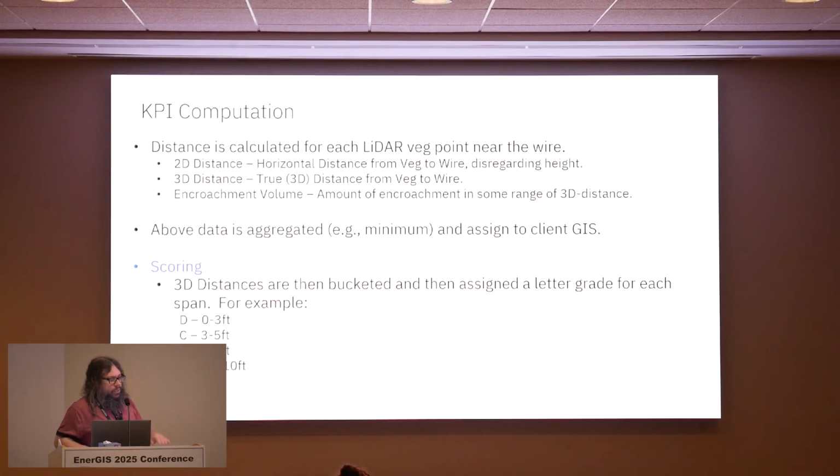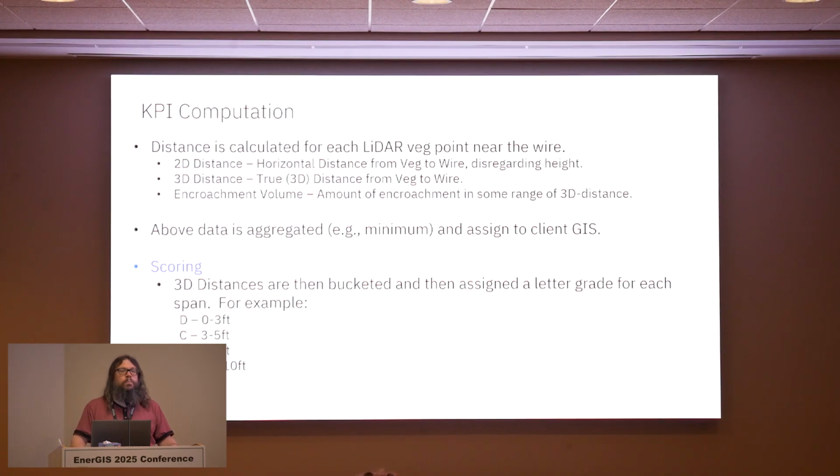So we attached back some KPIs to the actual GIS data itself. And this is 2D distance, and you can think of 2D distance as you're looking straight down. You don't care how tall the tree is itself. How far away is it from the power line? And then the 3D distance is the actual distance, like measured distance from the closest power line to the closest veg point on that span itself. And finally, we have something called encroachment volume.